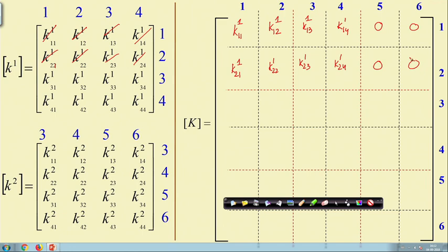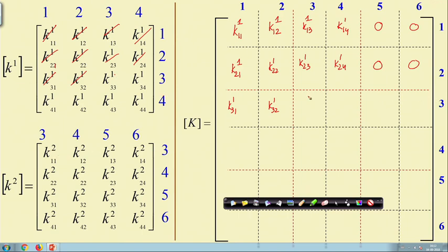Now, let us do it for the third row. Third row, first column is 3 1. This will be k 3 1 1. Then 3 2: there is no 3 2 in the second member, so 3 2 will be k 3 2 1. Then K33: here we have K33 in the first member and K33 in the second member as well.